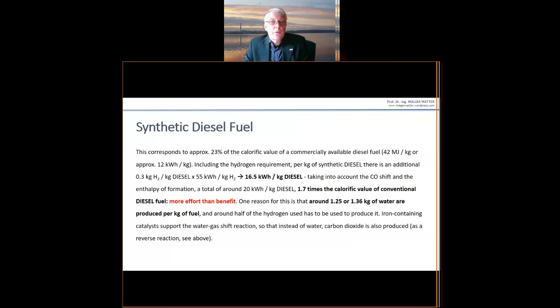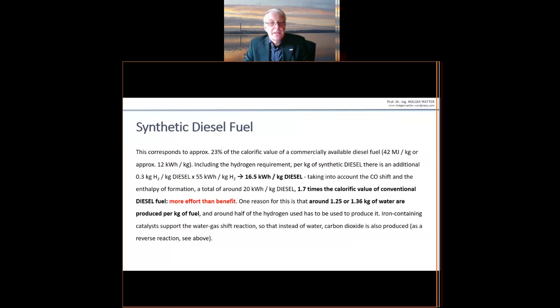Including the hydrogen requirements per kilogram of synthetic diesel, there is an additional 16.5 kilowatt-hours per kilogram of diesel. Taking into account the CO2 carbon monoxide shift and the enthalpy of formation, a total of around 20 kilowatt-hours per kilogram of diesel is necessary. That is 1.7 times the calorific value of conventional fuels, more effort than benefit.